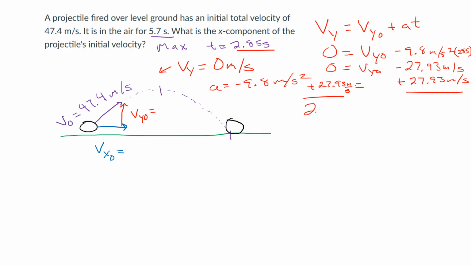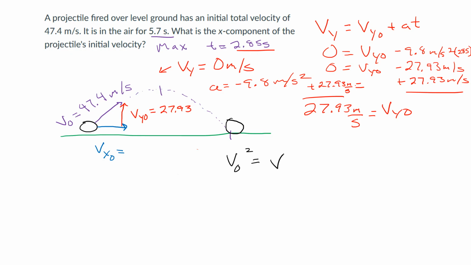And I get 27.93 meters per second is equal to my velocity in the y direction, the initial velocity.